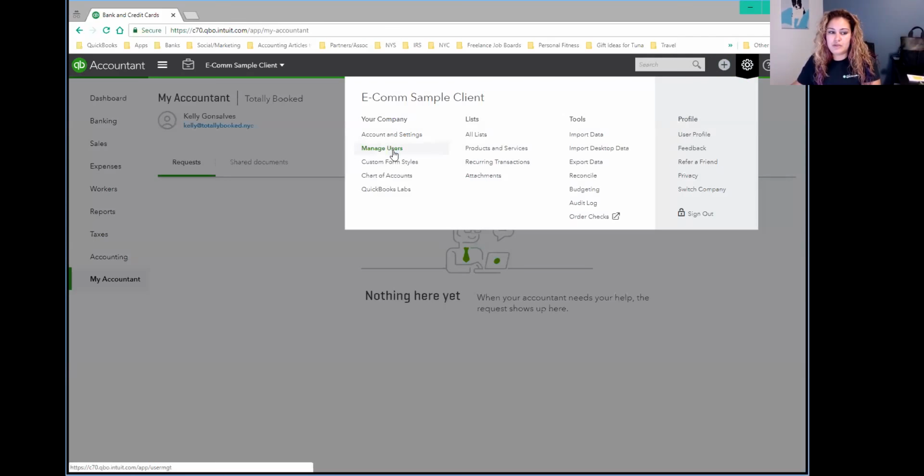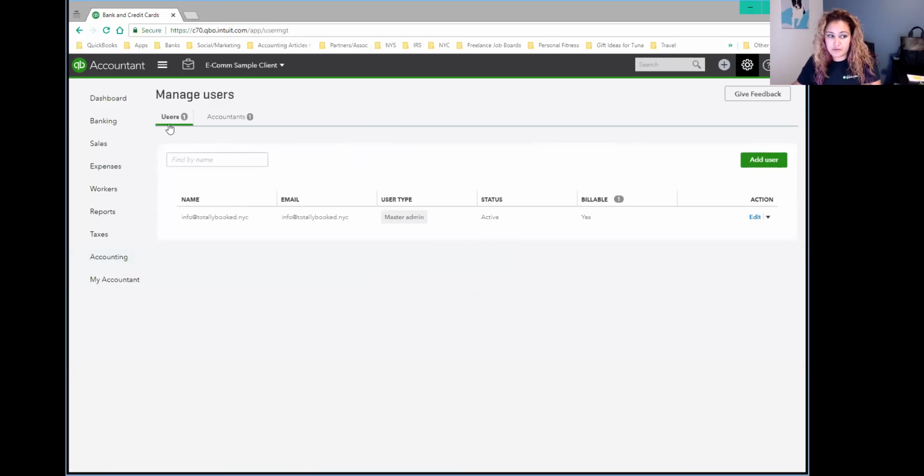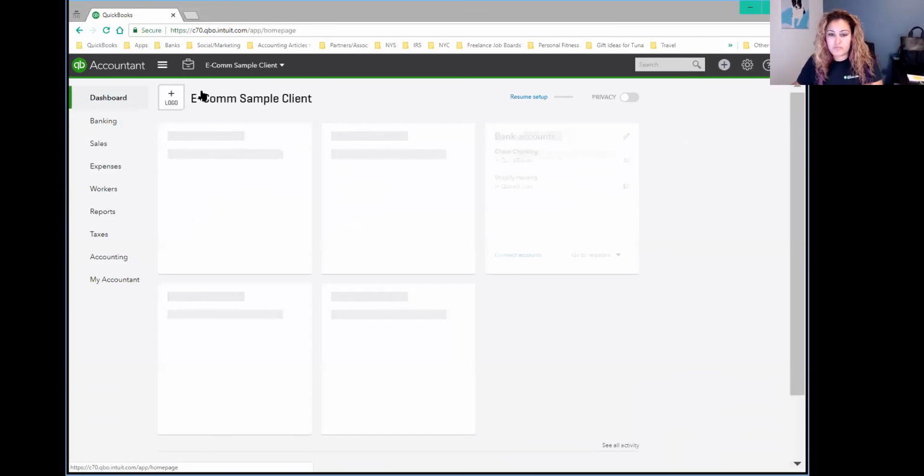And the way that you would use that in manage users, you have your users and you have your accountant users, right? So under accountant users is where you would have your outside bookkeeping firm or CPA. It's usually me and a CPA. I use it more regularly than the CPA does, but still we're both in there. We can keep an eye, check the balances. It's just a nice thing to have.